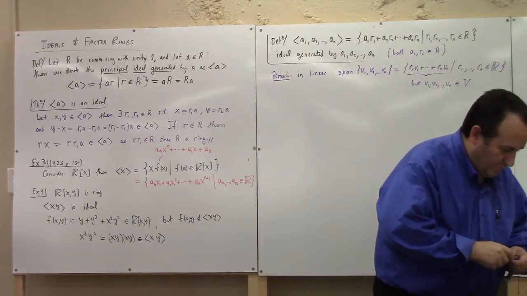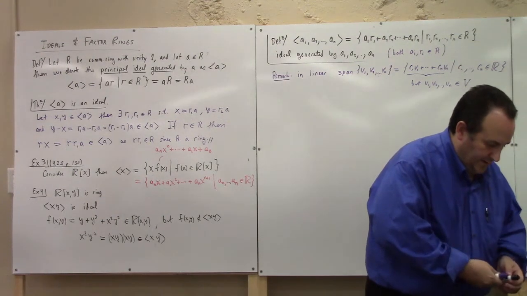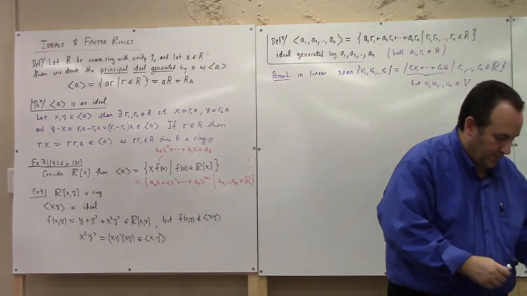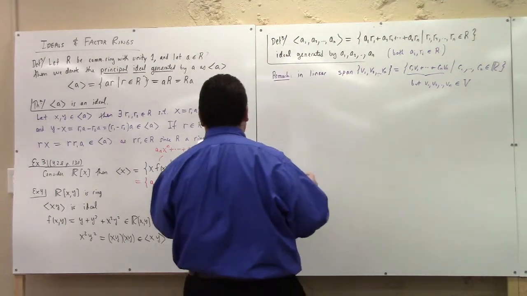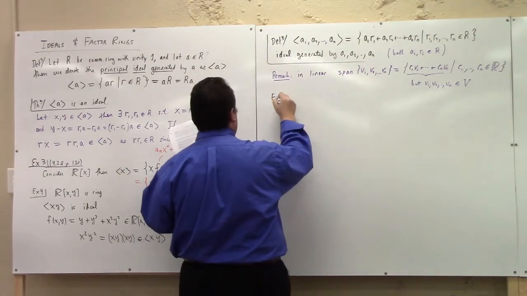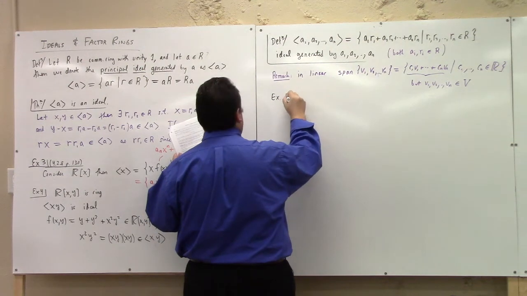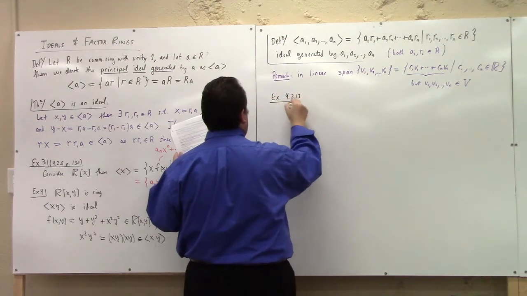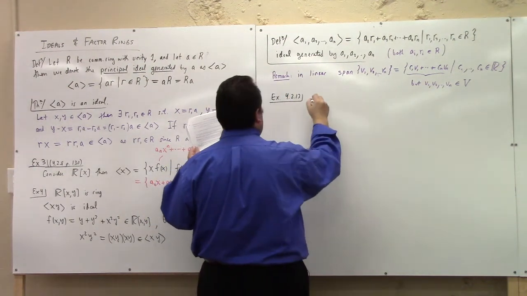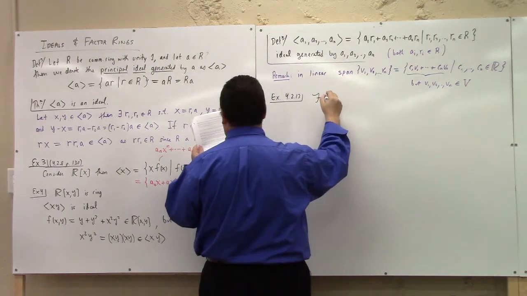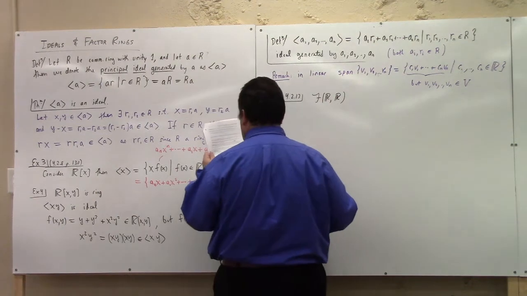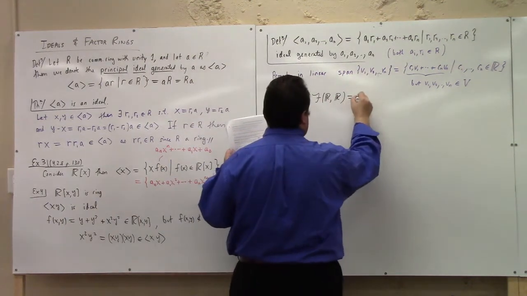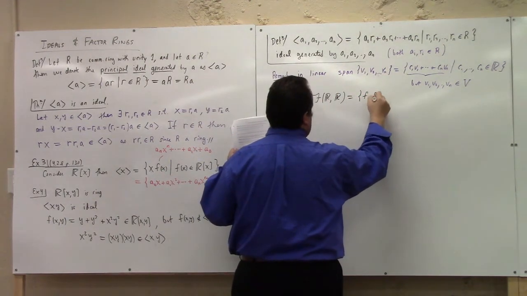Example 4.2.13. I have the set of functions from R to R, right? We talked about that. This is just real valued functions of a real variable.